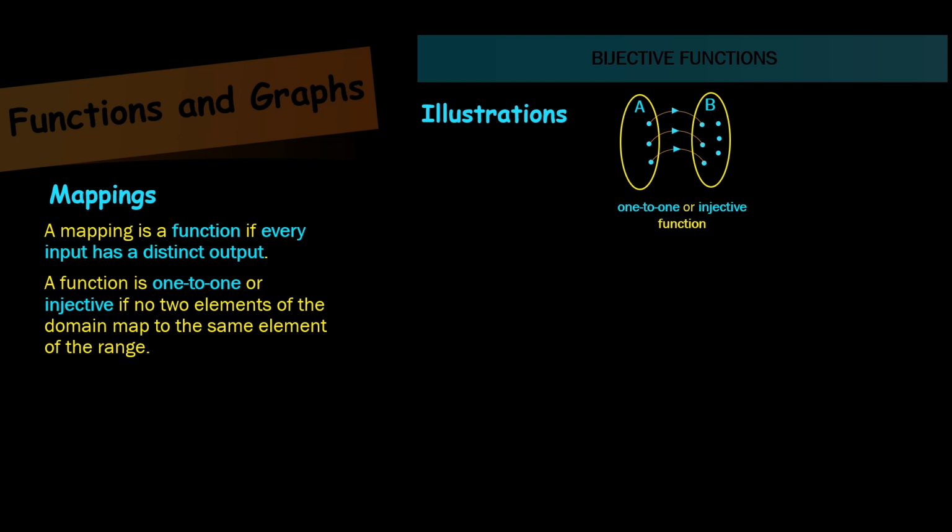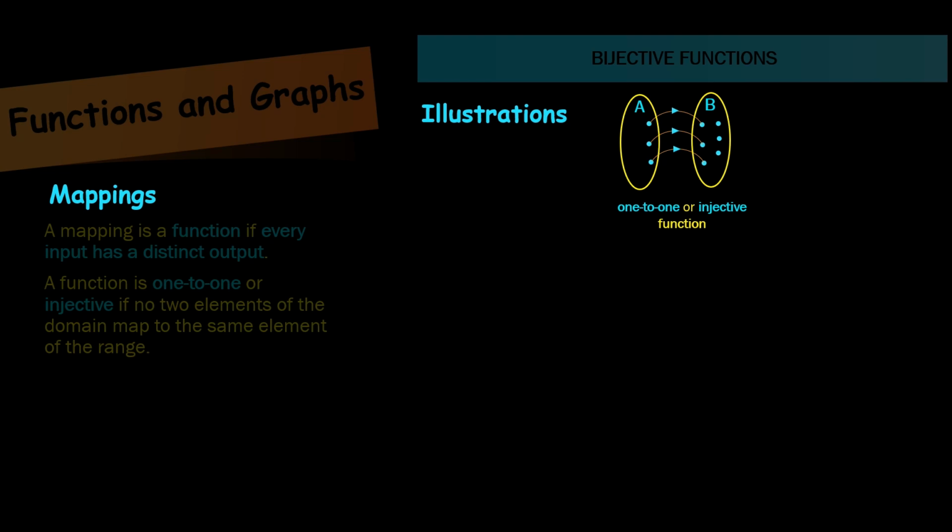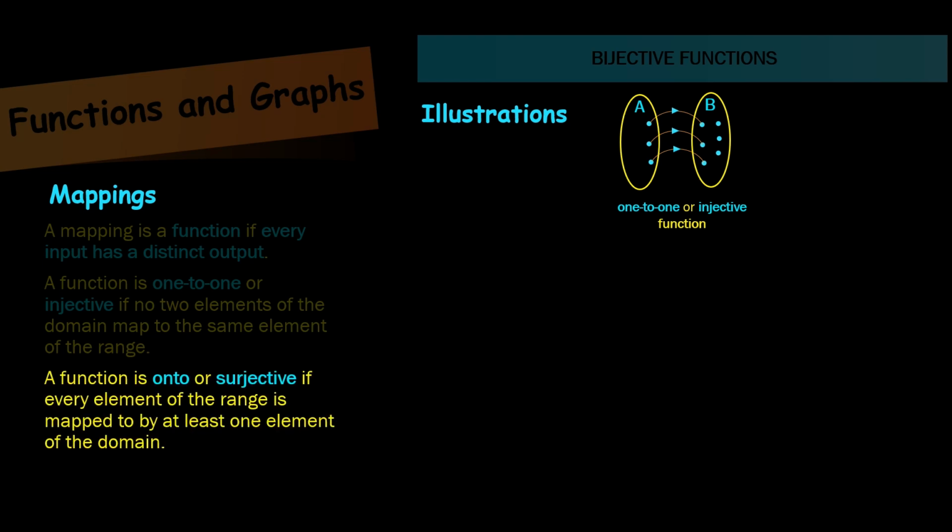We're now going to take a look at onto or surjective functions. A function is onto or surjective if every element of the range is mapped to by at least one element of the domain. This can be illustrated in the diagram on the right-hand side.